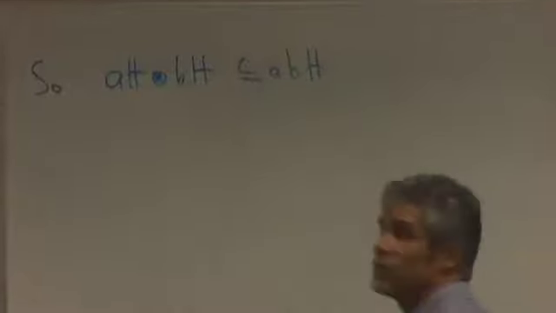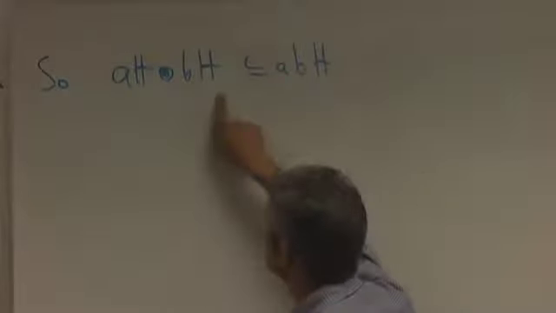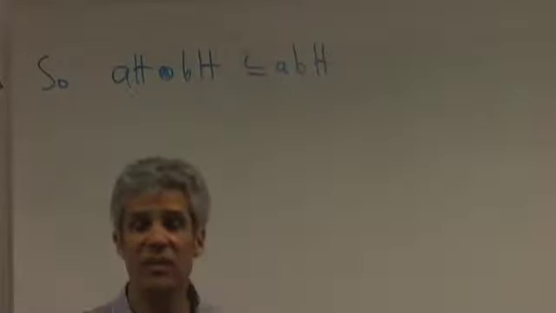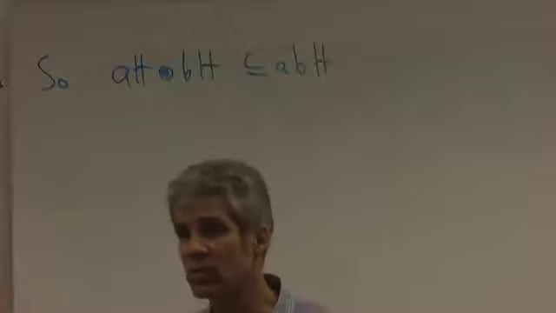Notice, folks, to get there, we needed the hypothesis that the subgroup is normal. Now, in order to convince you that this set product is actually equal to ABH, because that's the goal, we just have to show inclusion the other way. But inclusion the other way is going to be easy, and it's not going to require that the subgroup is normal. Inclusion the other way always happens.